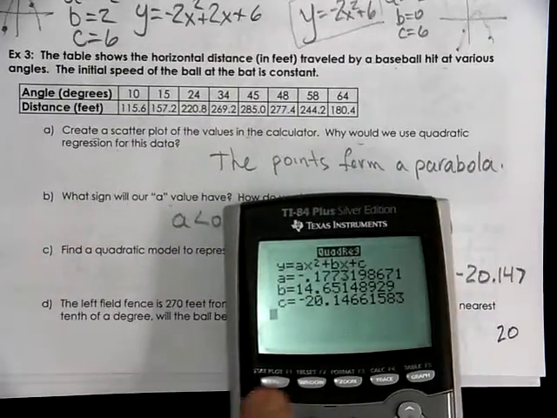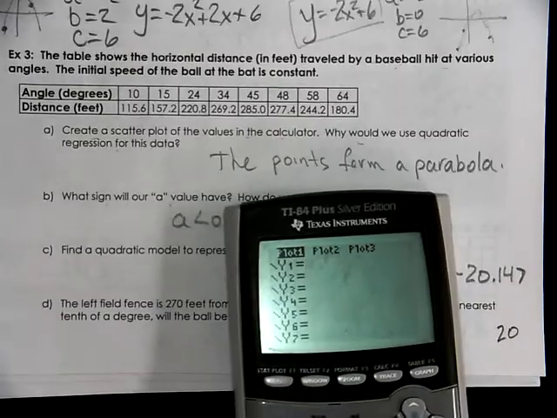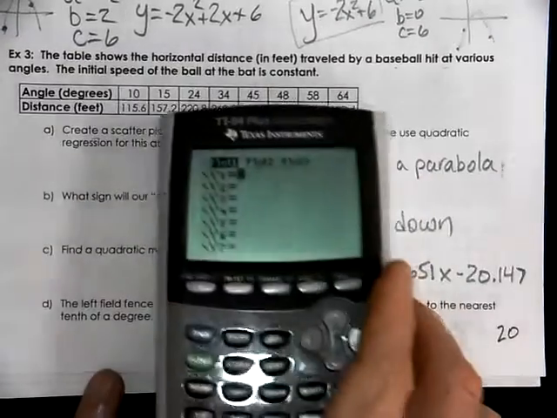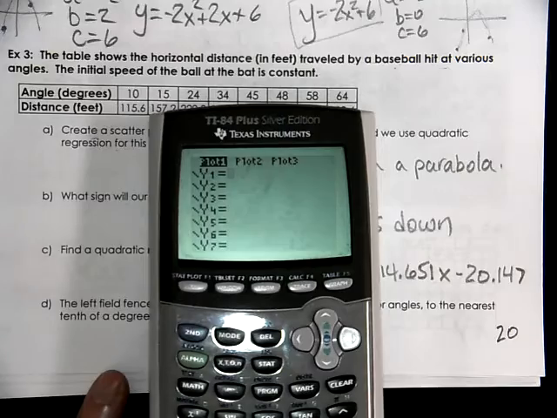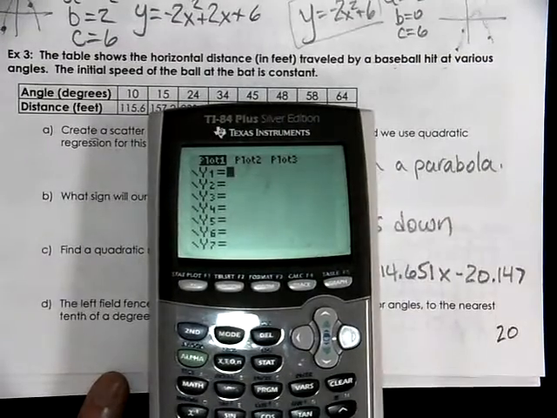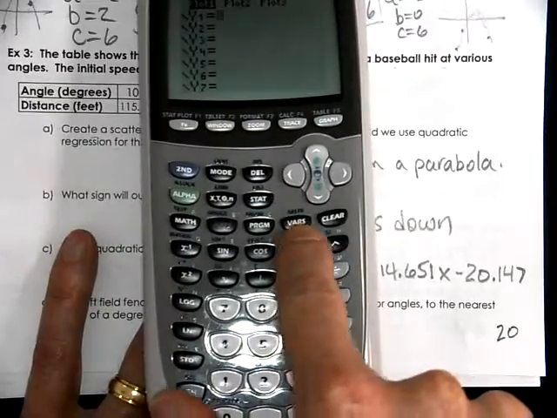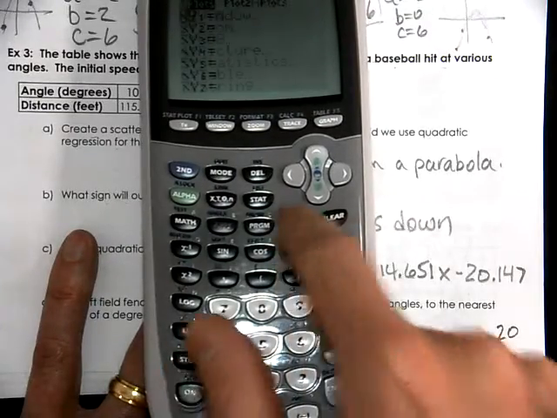And if you would like, you could go to y equals. You could type that in. There are different ways to do this. Let's see if we can get this to work. I'm not sure this is going to work. Let me test it first. Okay, I think we're going to make this work. We're going to go to vars, which is right next to the clear.